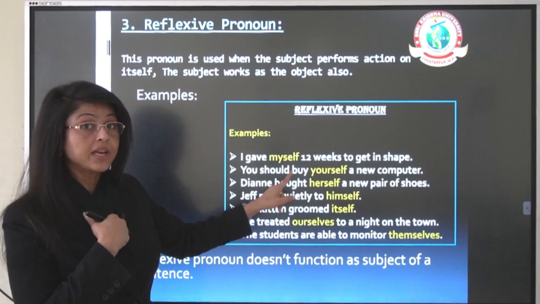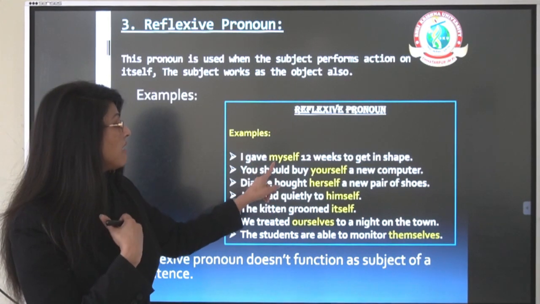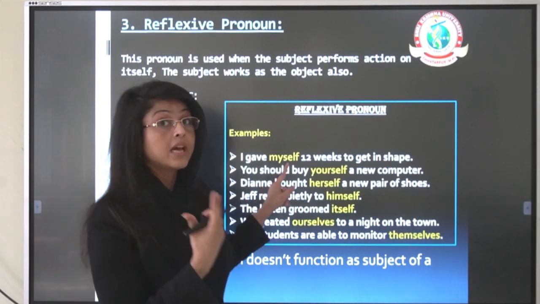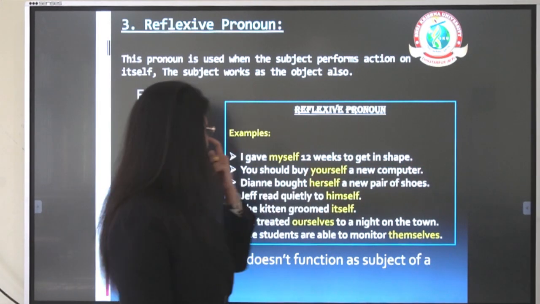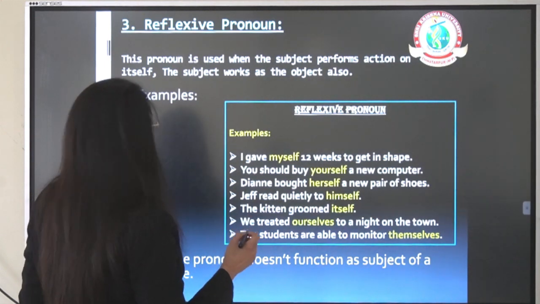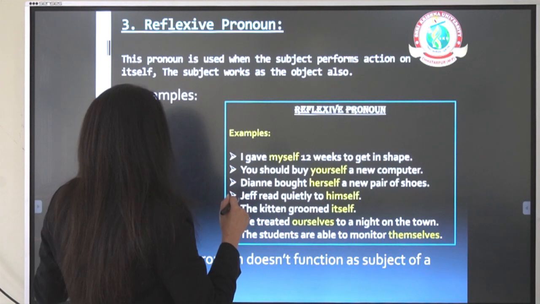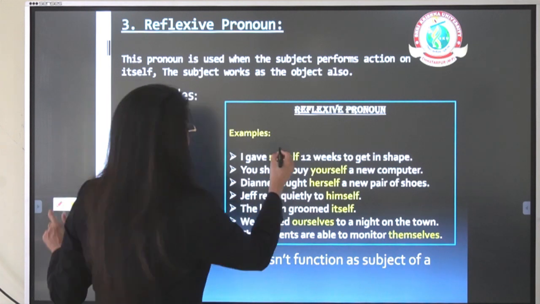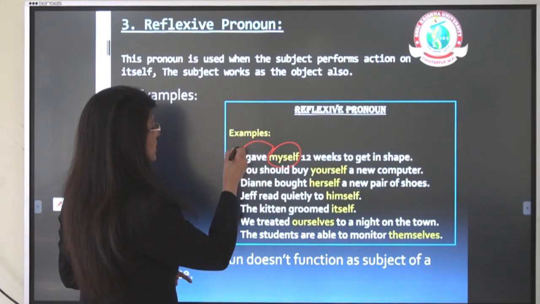Example, I is a subject. Now if I have to talk about I, I will not say "I gave I." Instead, I will say "I gave myself 12 weeks to get in shape." So these words like myself, see, are reflecting on the subject.